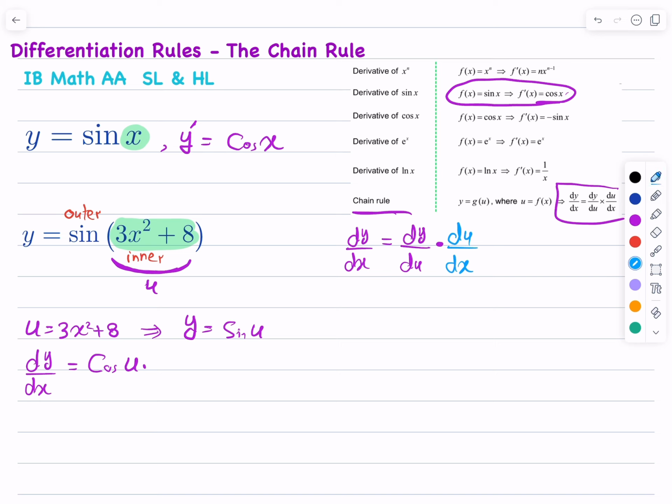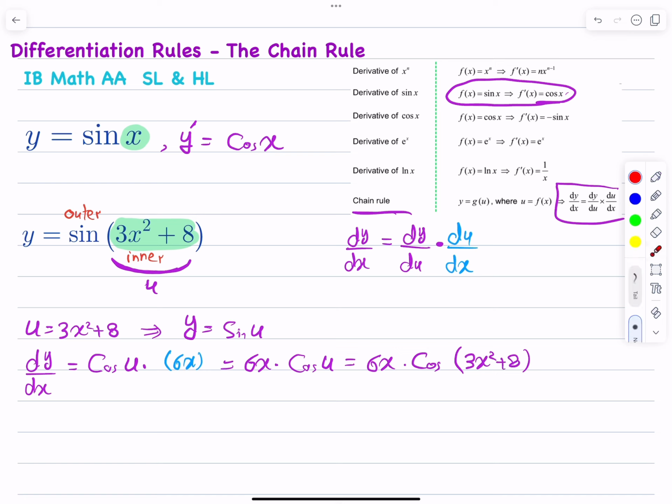Here, if we differentiate this inner function with respect to x, we will have only 6x as we learned in the previous video. Here we can rewrite it like this: 6x multiplied by cosine u. At the end, we have to replace u back in terms of x. So we have cosine, and u, as we know, is 3x squared plus 8. So this is the derivative of this function using the chain rule.